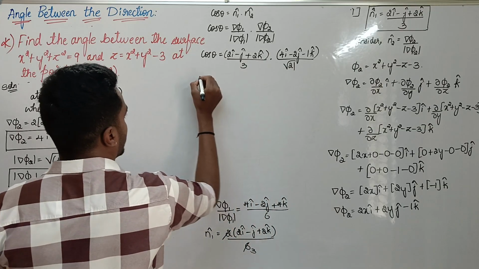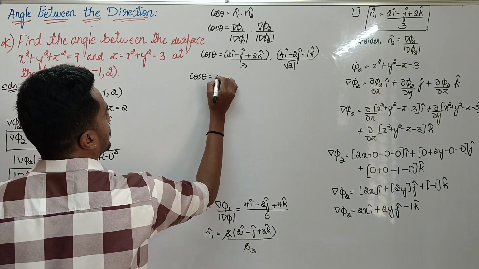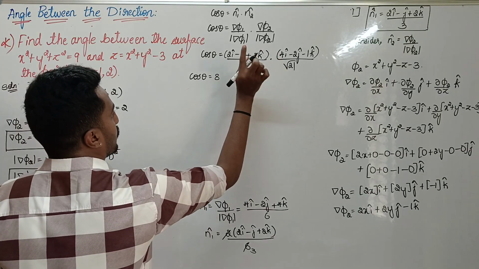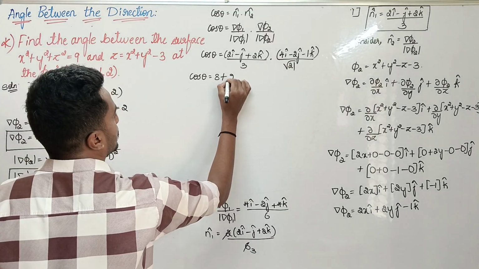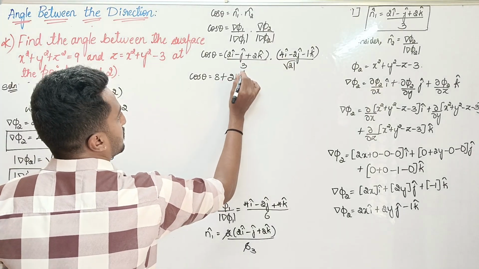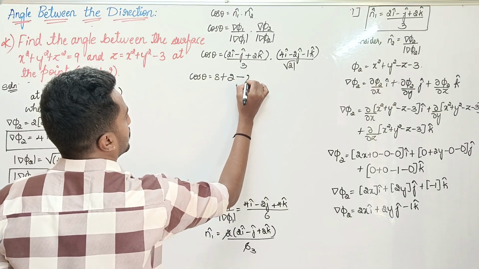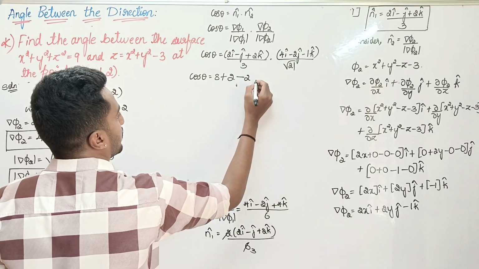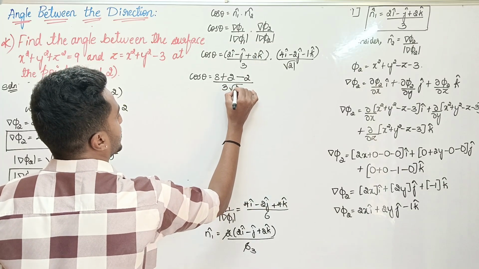Just multiply numerator and denominator. Cos theta is equal to 2 into 4, 4 twos are 8, i into i is 1; minus into minus is plus 1 into 2 is 2, j into j is 1; plus into minus is minus 2 into 1, k into k is 1; whole divided by 3 root 21.